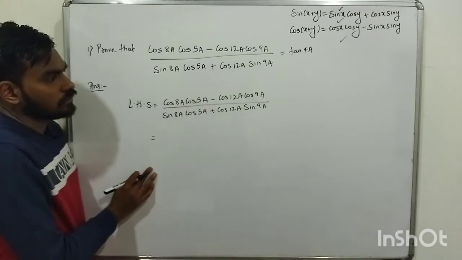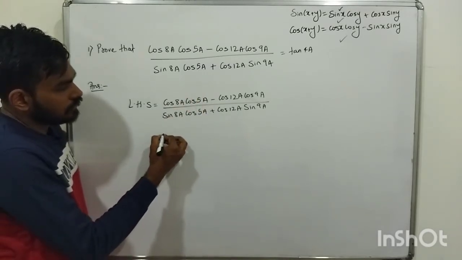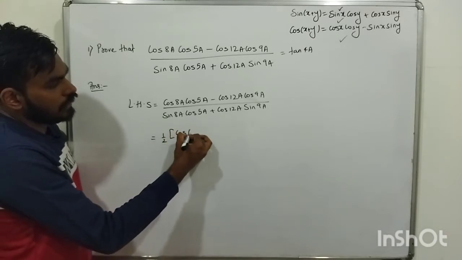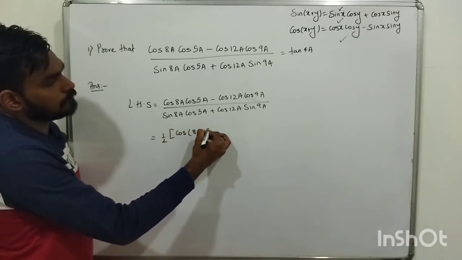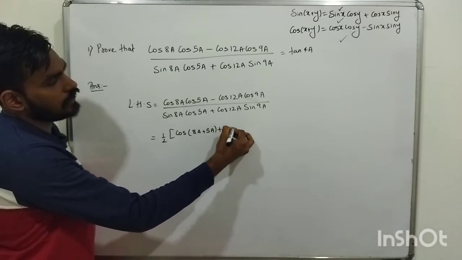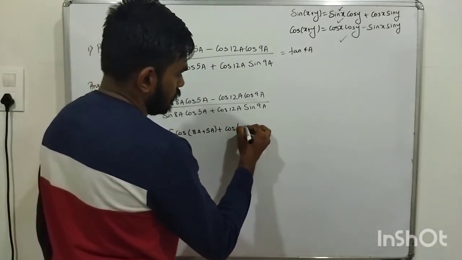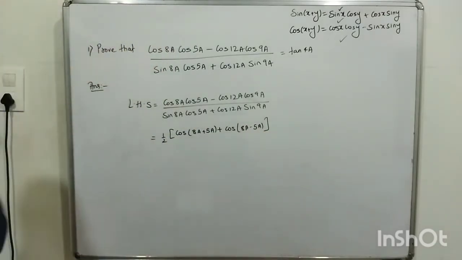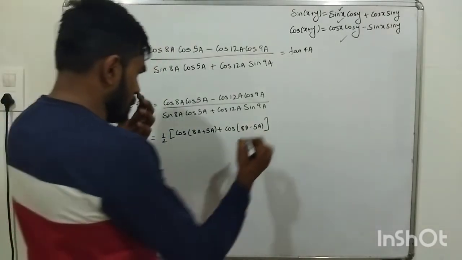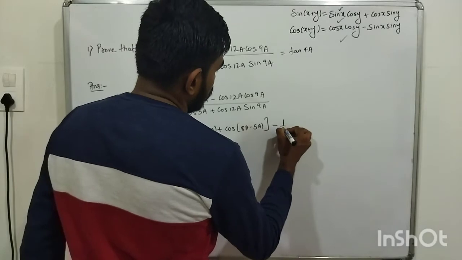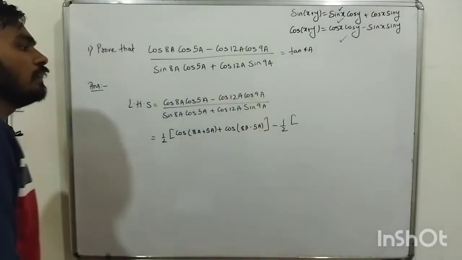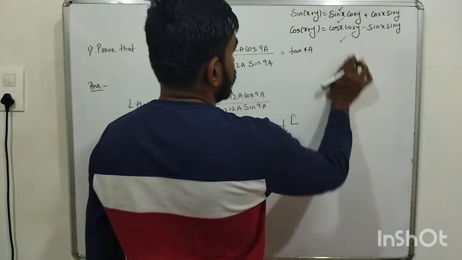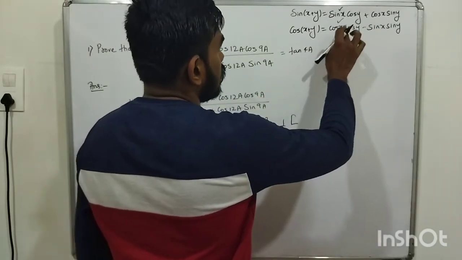So cos 8a cos 5a is half bracket cos 8a plus 5a plus cos 8a minus 5a, minus in the middle, then half again. Here cos cos is there, so cos plus cos.